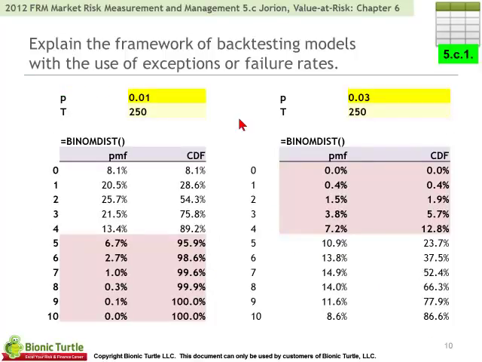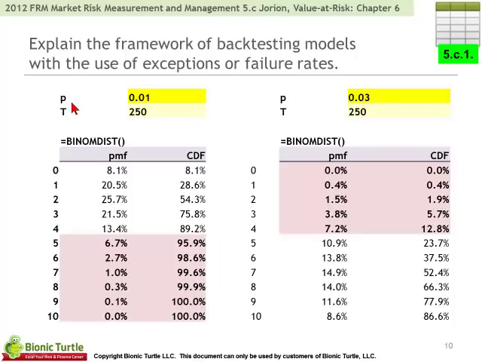So proceeding to the actual Jorion example, and illustrated also in the Learning Spreadsheet 5C1, he shows 2 possible truths. So this is really, in the left and right panel, the truth of the underlying model. Here under P, probability of 0.01 on the left-hand side, the null hypothesis is true, or to put another way, the VAR model is accurate.